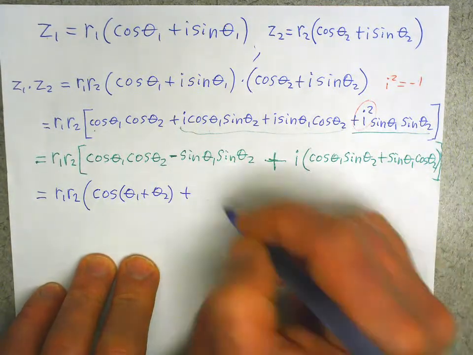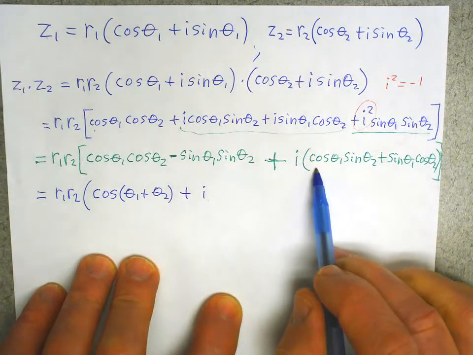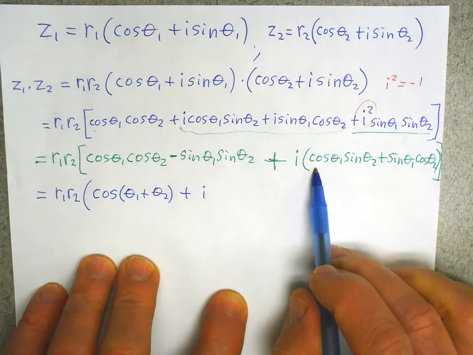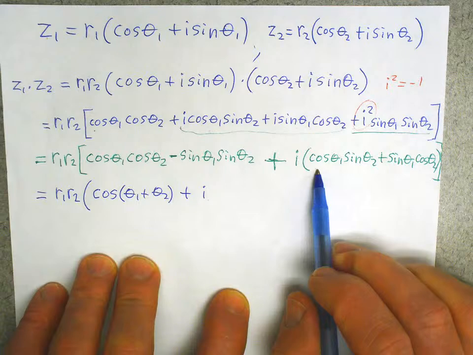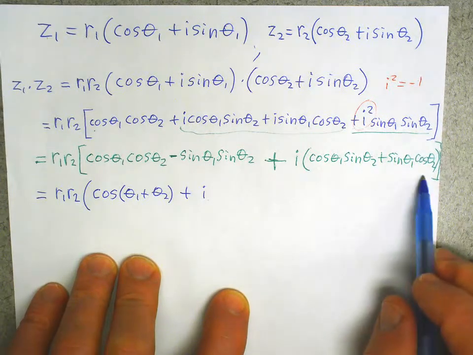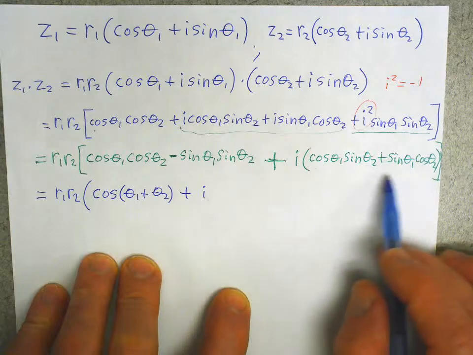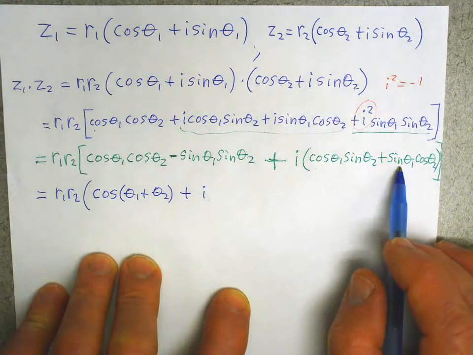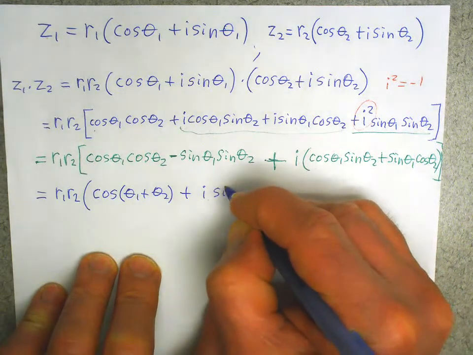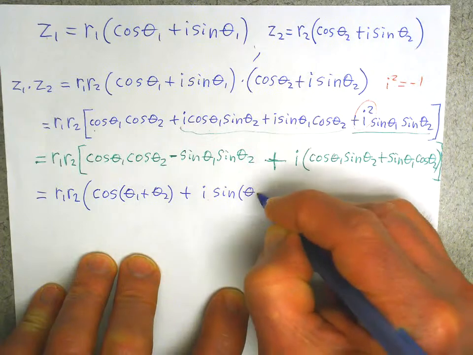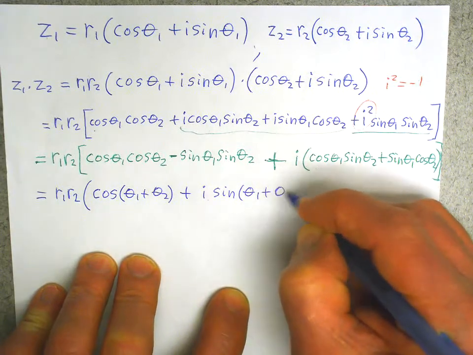And then plus i times, remember this formula. These are kind of rearranged a little bit differently, but this is just sine of theta 1 plus theta 2.